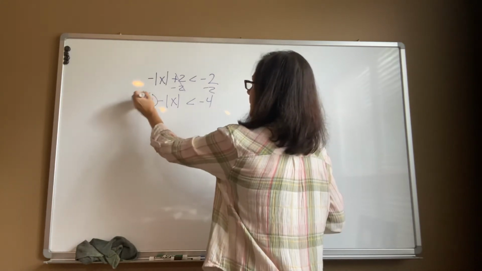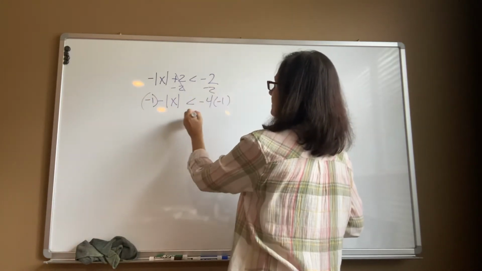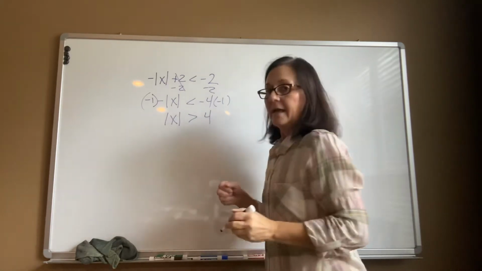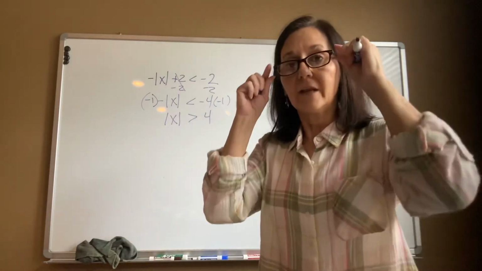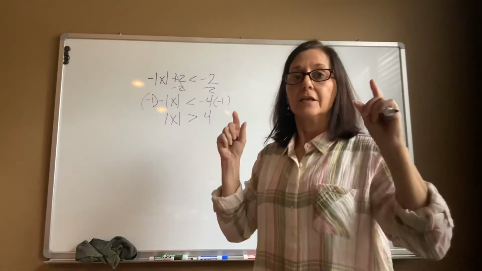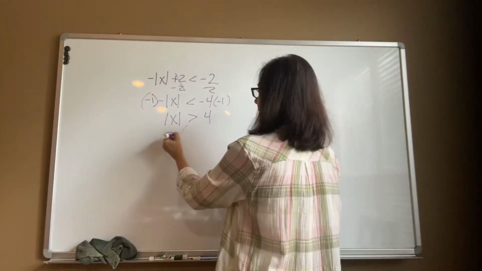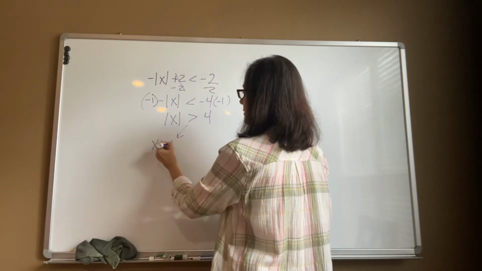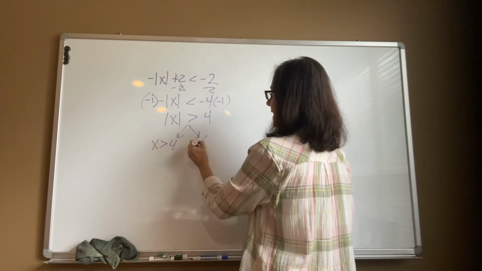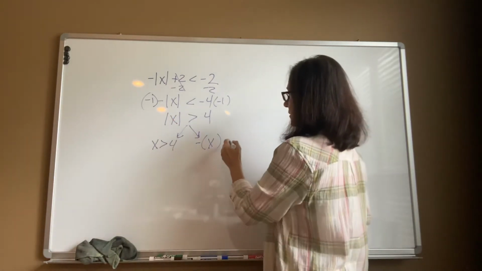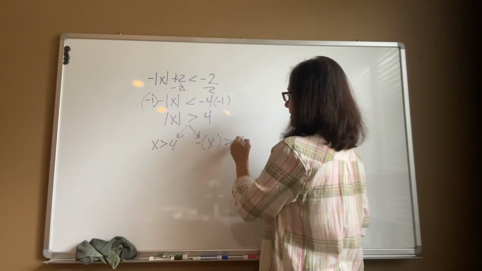When I multiply both sides by negative 1, the sign flips. Now I have a greater than. My greater than I'm expecting to be a disjunction, right? Opposite directions. So I drop the sign and solve. I take the opposite of what's inside the absolute and I solve.